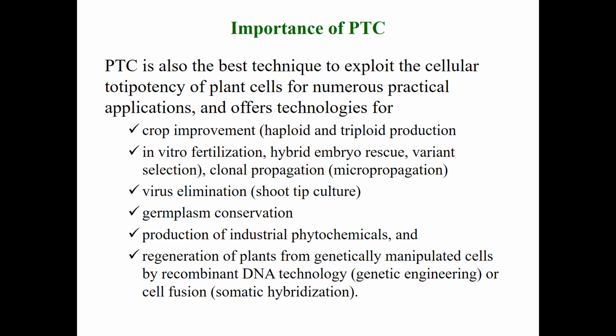In that case, you can make it diploid by using colchicine, one chemical which can trigger a doubling of the chromosome. Or you can even, by tissue culture, get the triploid. A triploid and triploid to hexaploid can be produced.